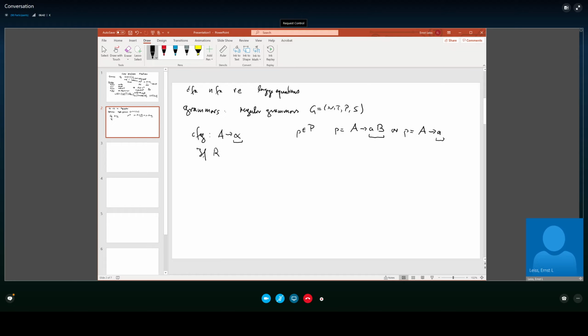So if R is a regular language, we have to throw in one little technical condition, and epsilon is not in R, then there exists a regular grammar G such that L of G is R.